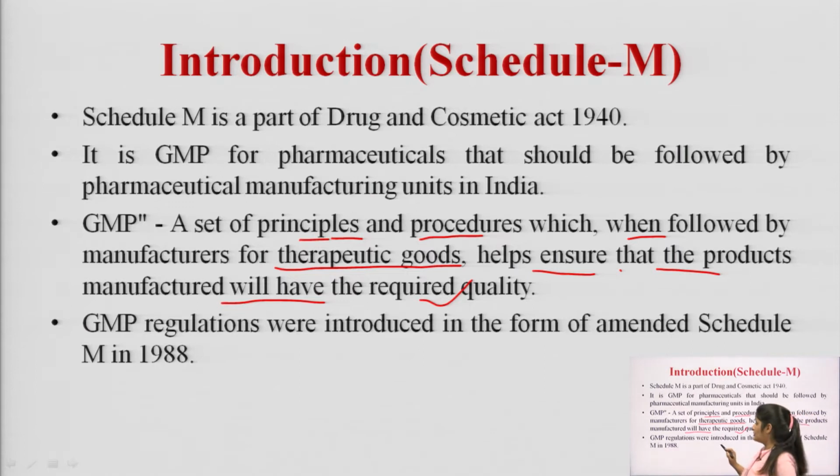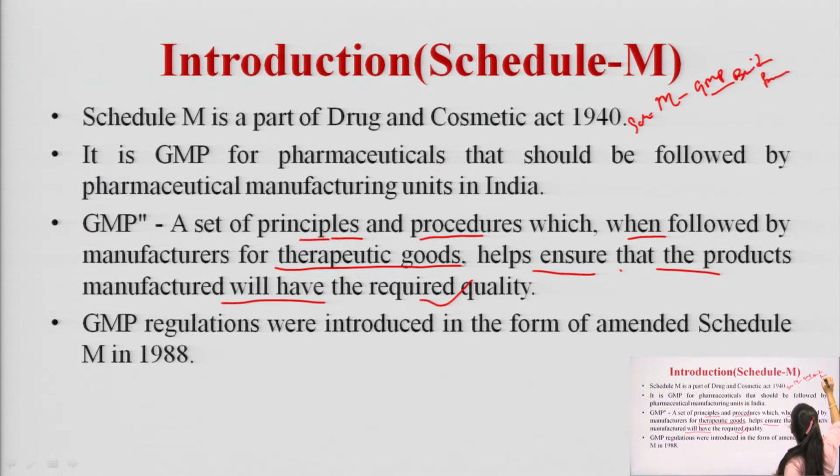So, Schedule M has 3 parts. Schedule M, as we all know, is GMP, or good manufacturing practices for building, premises, factories, material and equipments.